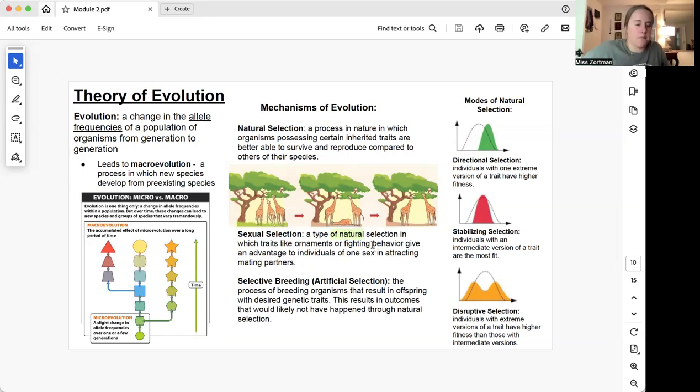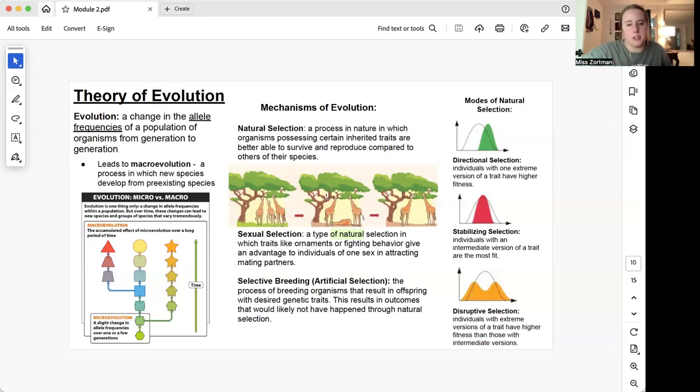So things that can cause evolution, there's natural selection, which is the process of nature essentially choosing the organisms that are best fit or most likely to survive. I know most classes look at the moth example, where the moth that was able to camouflage better was the one that survived better and therefore the one that became most of the population later on.